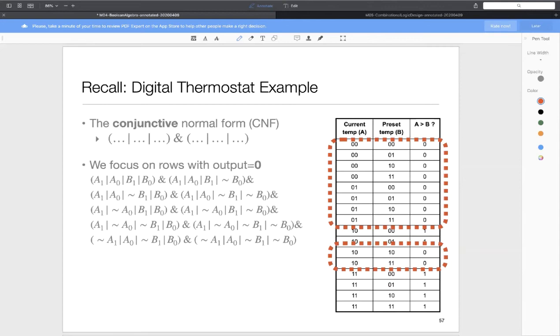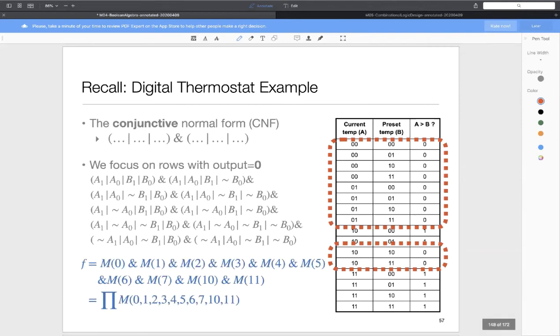The max term corresponding to row number 1 is A1, A0, B1, not B0, and so on and so forth. That's how we had defined the max terms. And so this is the corresponding conjunctive normal form, and we can write it more compactly like this. We can say F is equal to max term number 0 ANDed with max term number 1, ANDed with max term number 2, and so on and so forth.